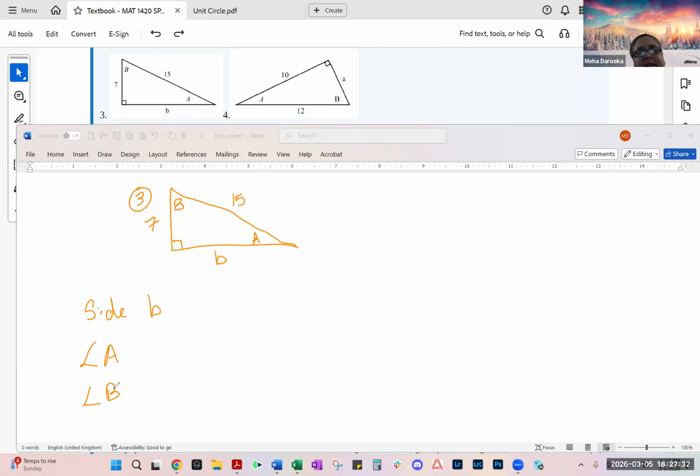So take a couple minutes. Think about how you are going to find the missing side, how you're going to find angles A and B. And when you are ready, share your answers with me on the chat.